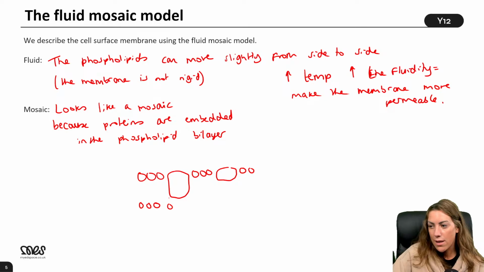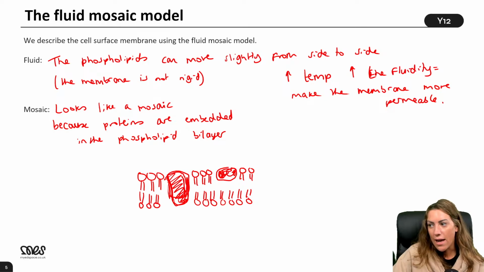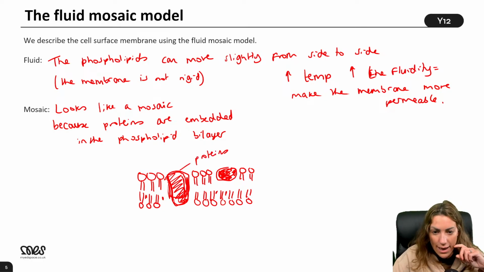Let me just rub that one out actually. You've got your phospholipid bilayer. Do my little fatty acid tails. Remember, these are 2 fatty acid tails. But it looks like a mosaic because within that phospholipid bilayer, you've got these proteins that are kind of stuck in there, right? You've also got cholesterol. I'll just do some little bits of cholesterol in between the fatty acid tails. But the proteins look like a mosaic.